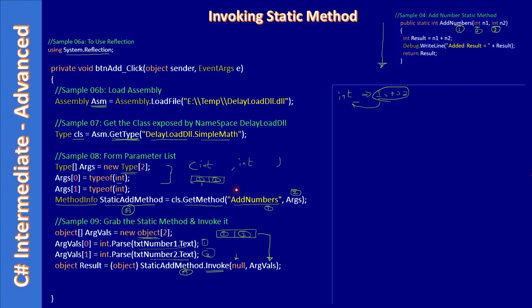If it has multiple methods with the same name, the argument type list is used to retrieve the correct one. Once the method is in hand, we just need the argument values. So method info dot invoke, passing the value, makes a call to our method, and it returns a value. The return value, once again, we are storing as an object.